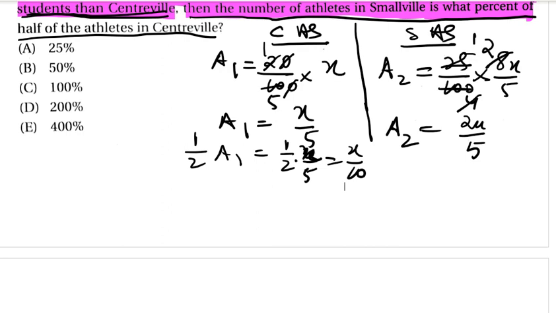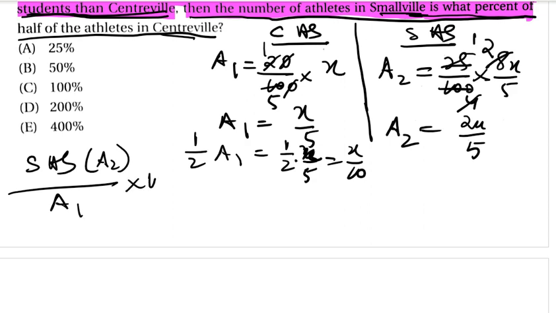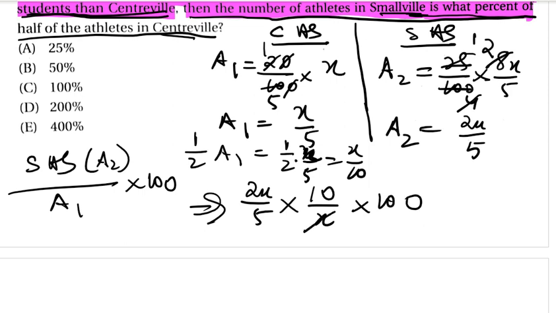You have to find the number of athletes in Smallville as a percent of half the athletes in Centerville. So that is A2 of SHS by half of A1 into 100. A2 is 2x by 5, and if you divide that, it becomes 10 by x. Cancel the x out. Answer is 400%. So you can see your answer E is the answer for question number 5.